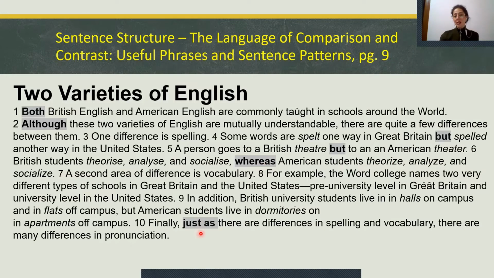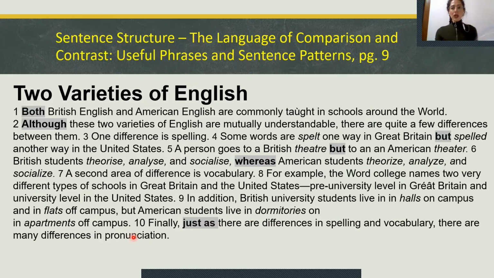And just as, what can it show us? Finally, just as there are differences in spelling and vocabulary, there are many differences in prose. So in the parallel idea, two of the same kind of idea, it is like parallelism. So it shows comparison, it shows similarity.